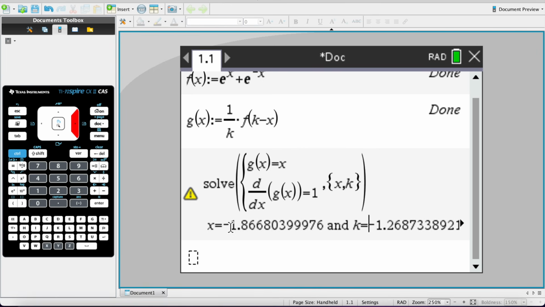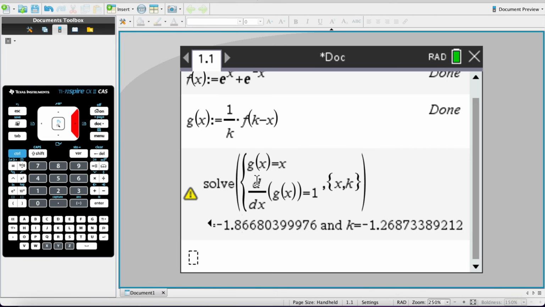And we get, it's only given me negative, although it says k is between 0 to infinity. I think I'm just going to take the positive. Let me just check that.